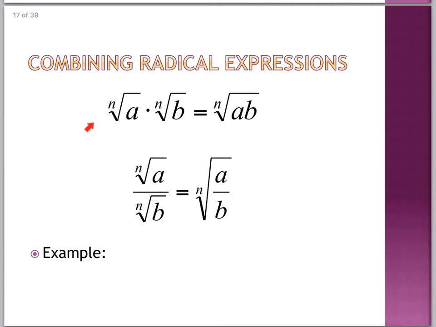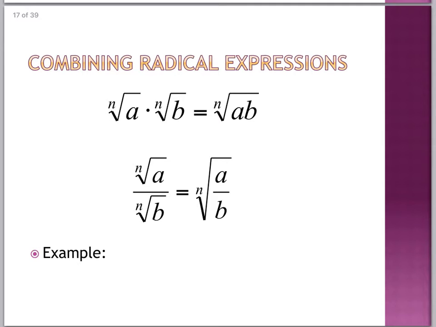Now this slide is designed to remind us of some rules here. If I have the same root expression, a 2 or a 3 or a 4, I'm allowed to multiply those things inside. Likewise, I'm allowed to divide them or combine them as a fraction.